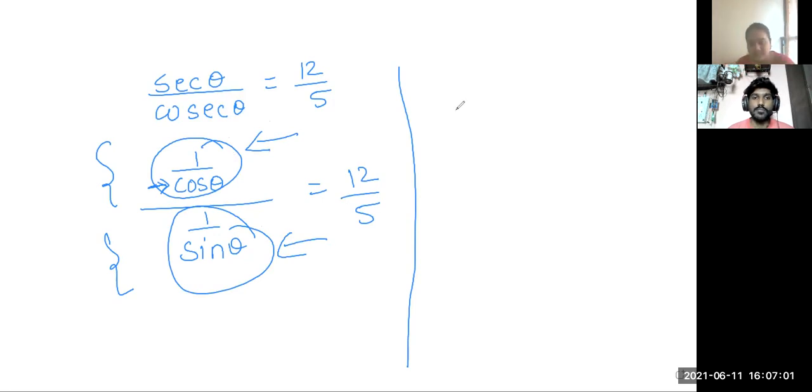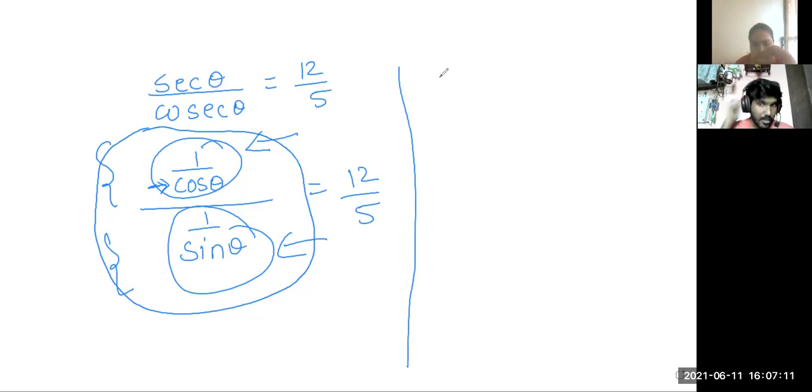Now, yes. So this entire fraction can be written as, okay, do you know, before I come to this, do you know this property? If it is A upon B divided by P upon Q. Okay, suppose if it is like this, two fractions divided by a fraction.